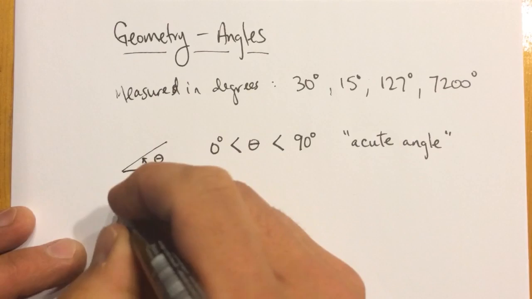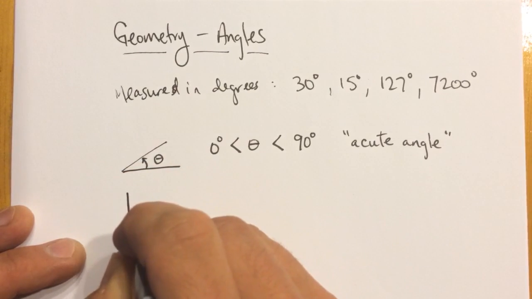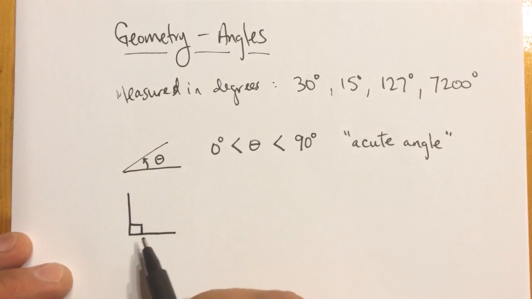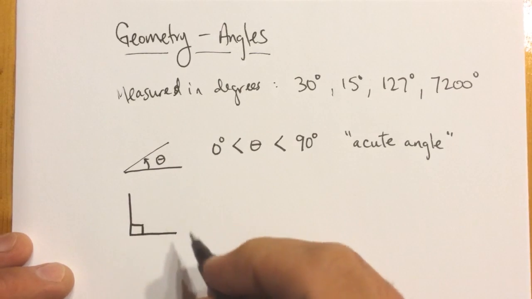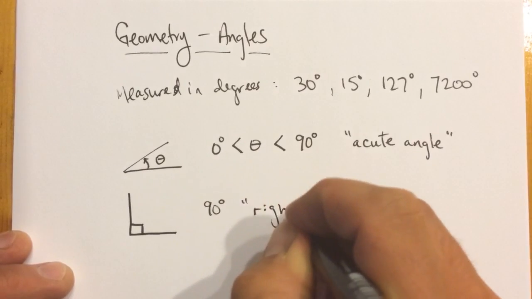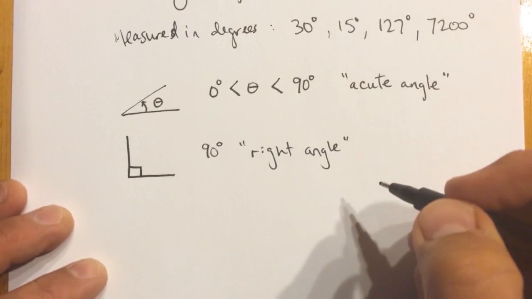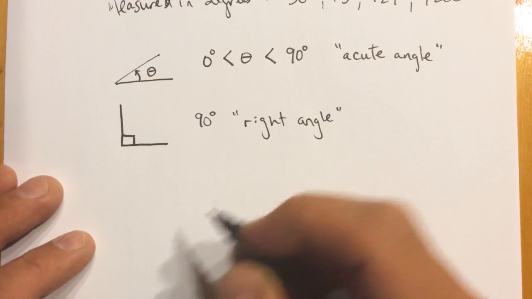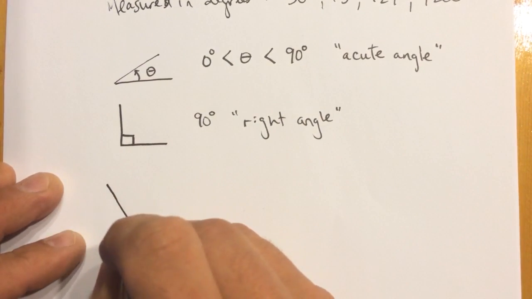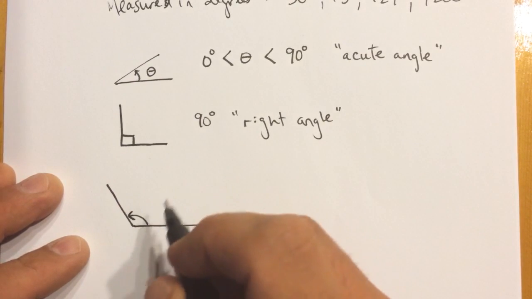And if theta is just a little bit larger, if it is exactly 90 degrees, then we put that symbol there to represent the 90-degree angle, and we call this a right angle. Again, I'm assuming that this is all stuff you already know, but we're going to keep going here. And one more that you probably already know is when we have an angle that's a little bit bigger than 90, but not too big.